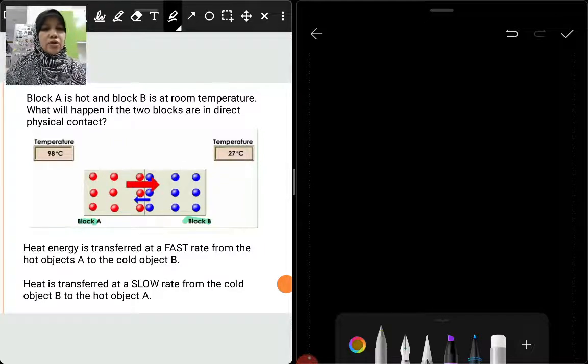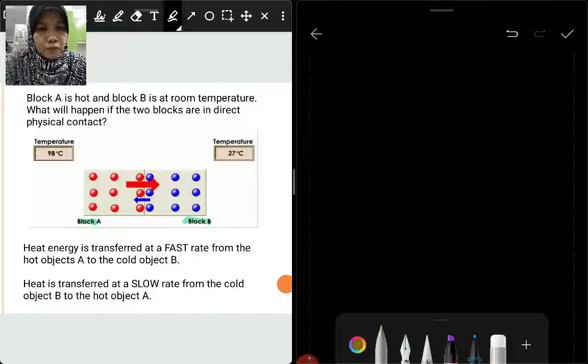Block A is hot compared to block B. The temperature of block A is 98 Celsius degree and the temperature of block B is 27 Celsius degree. What will happen if the two blocks are in direct physical contact? That means they are touching.